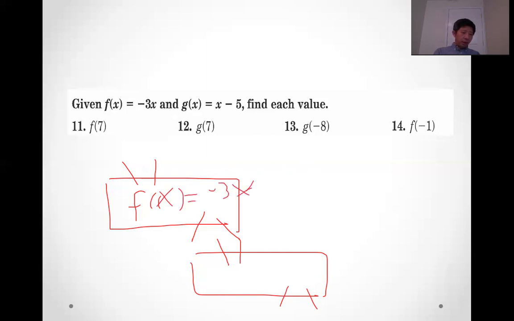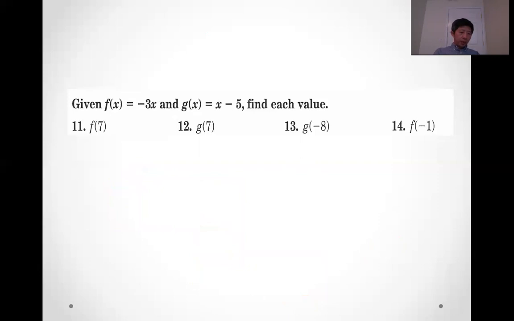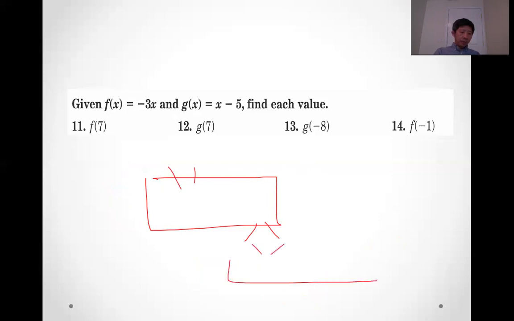And then here is another f of x machine, which is equal to negative 3x, okay? If I have an input of 1, then see what happens. I put 1 in there.